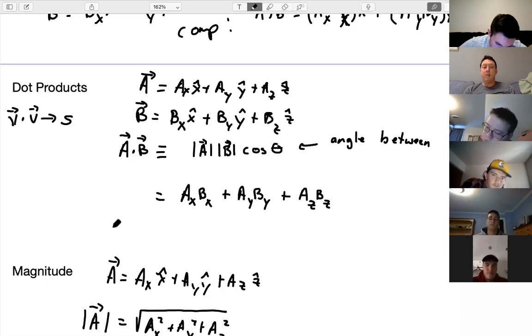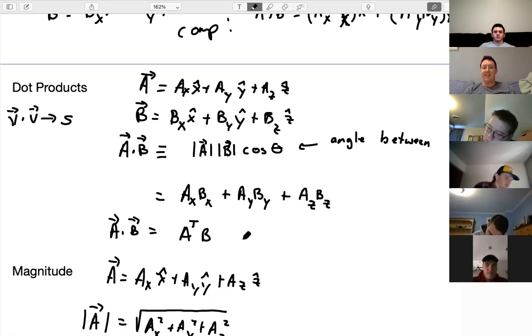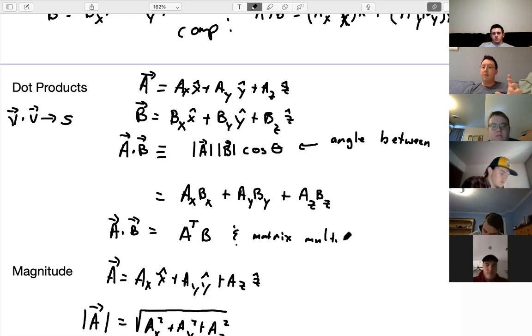Or in linear algebra language, you could say that A dot B equals A transpose B, and you matrix multiply. Same thing. If you think about two vectors, turn one of them into a column vector and a row vector, matrix multiply, you're going to line up the X pieces, multiply them, line up the Y pieces, multiply them, line up the Z pieces, multiply them, and then add, which is exactly what this formula is.